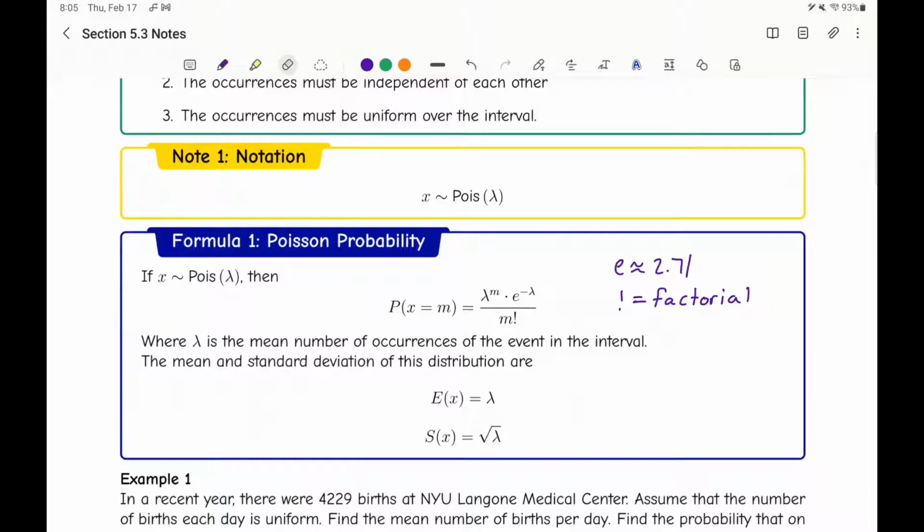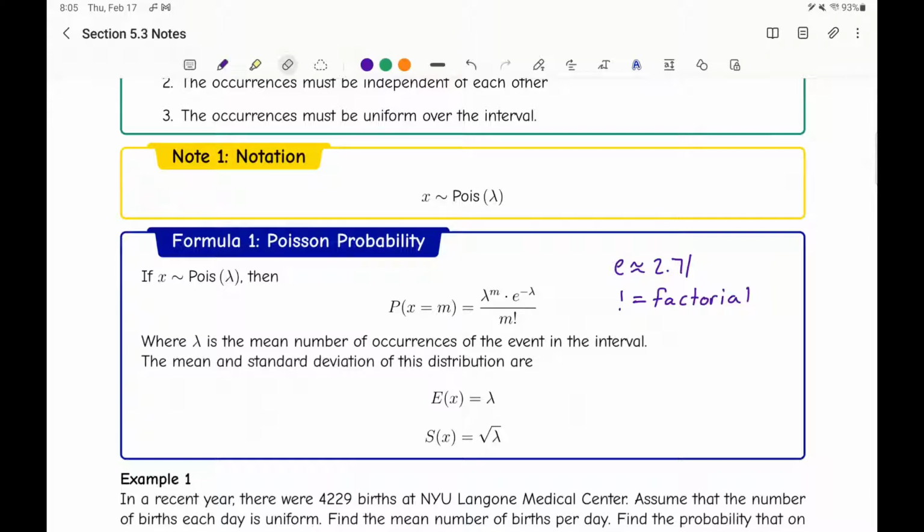I don't remember exactly which one right now. On the TI-Nspire, near the bottom right-hand side of your keyboard, there's a button with a question mark on it. When you click that, it gives you a pop-up menu with a bunch of other options, with the exclamation point being one of them. If you have trouble finding the factorial button on your calculator, please let me know as soon as possible.